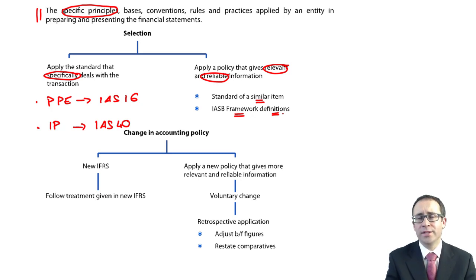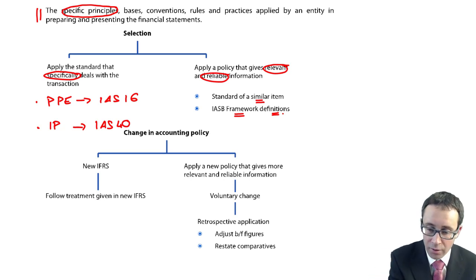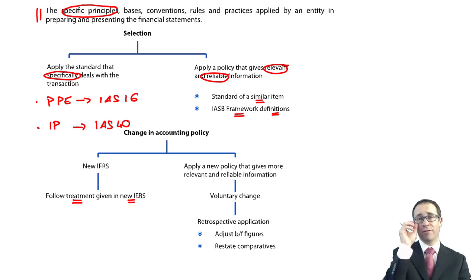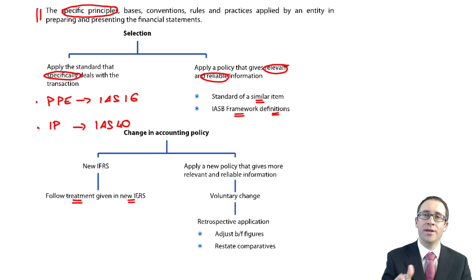We have recently seen new IFRSs launched, IFRS 15 with regards to revenue and IFRS 16 with regards to leases. If that's the case, then you just follow the treatment in the new IFRS. That will have all the implementation guidance about how you change to your new IFRS and how you can then deal with the comparatives in the prior period.